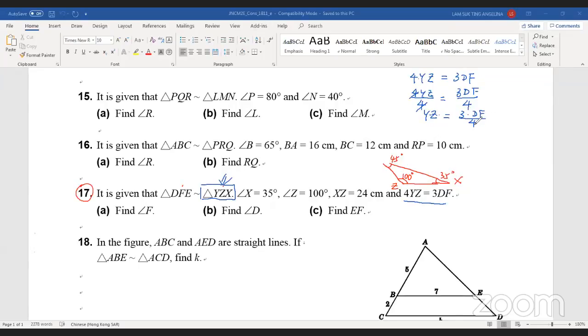And just now I said we usually compare two sides of the triangles by doing a division.